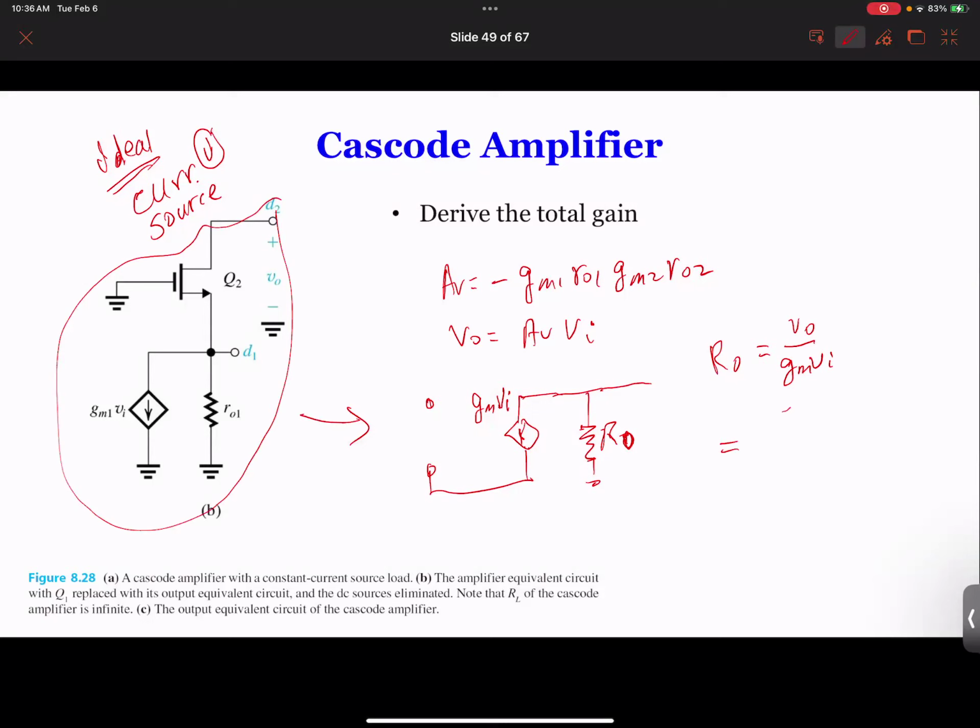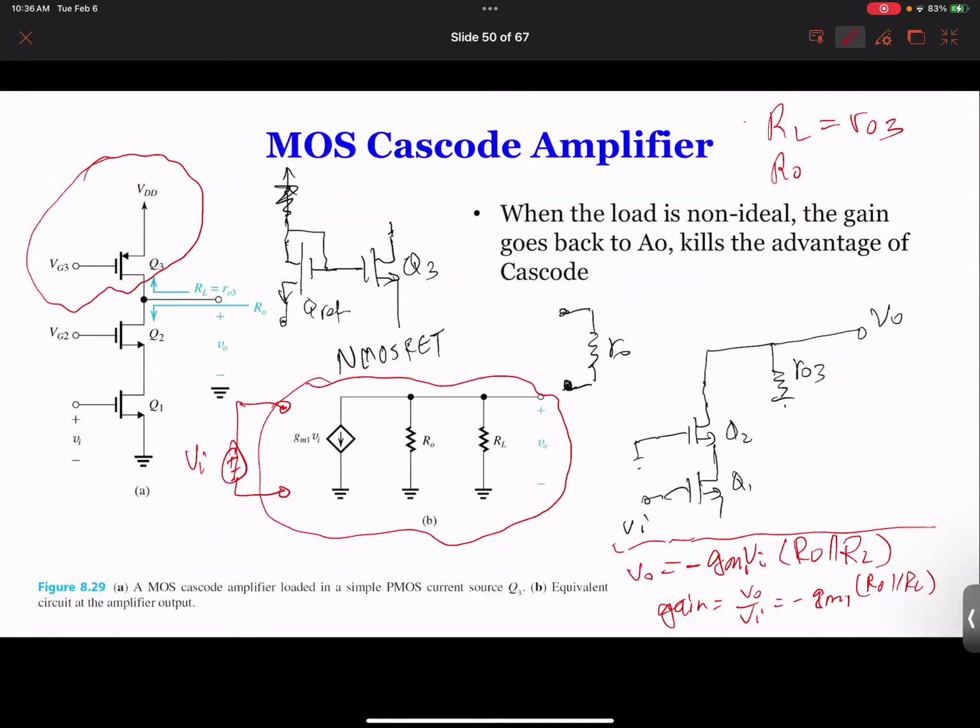And VO is going to be AV times VI, and then VI is going to cancel, and GM1 is going to cancel. So we got GM2 times RO2, and then times RO1. So here we got RO, and we go to this equation here. We got RO, and also we have RL. So RO is GM2 times RO2 times RO1, and RL is RO3.